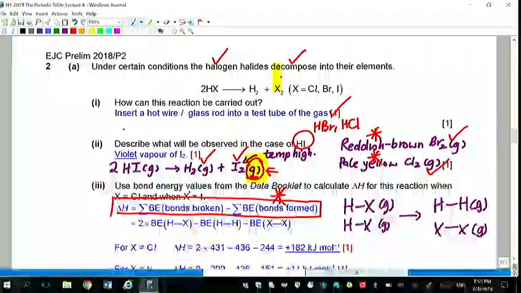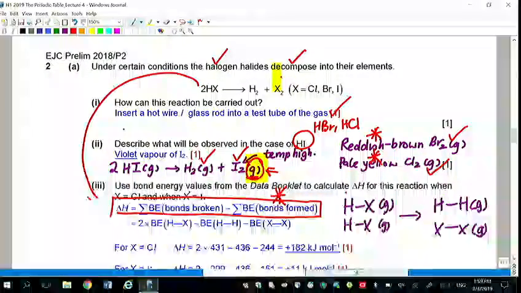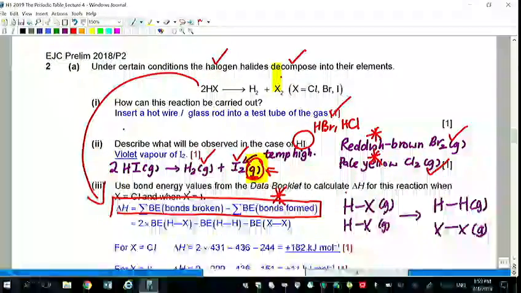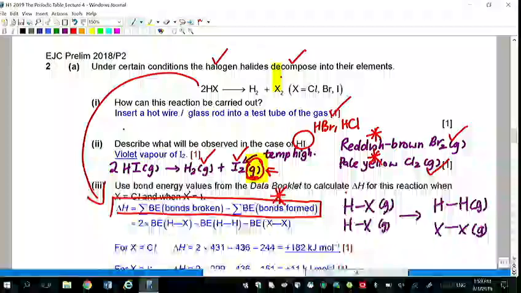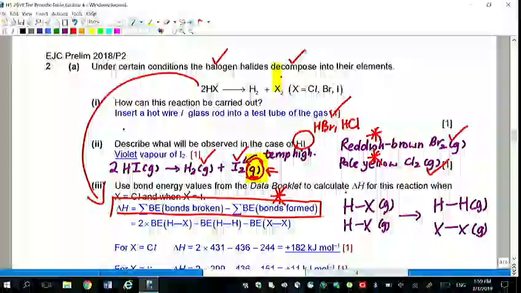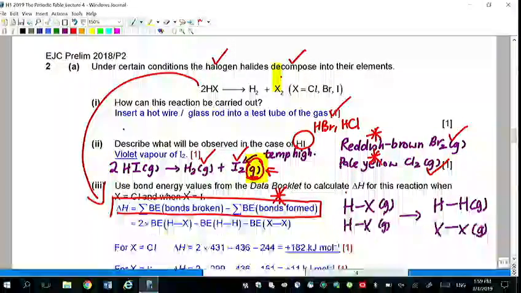If it is very hard for you to see from the equation, just draw out the structure to see what bonds are present. This is very easy because it is a very small molecule. If you have a much larger molecule, you need to draw all the bonds out. Draw the full displayed formula if you really cannot see.